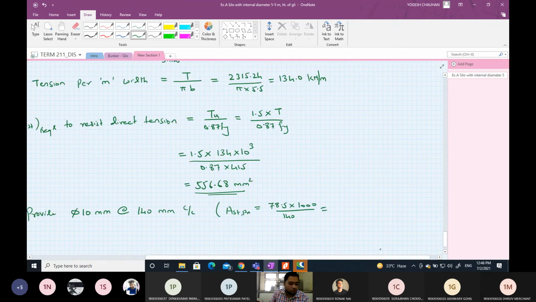So that will give you 561 mm square. Okay, so that is okay.